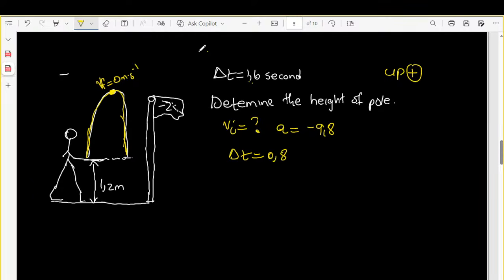I'm not sure if this makes sense. Tell me, do you understand why delta t is 0.8? I understand why delta t is 0.8, but it's kind of confusing. It's a bit tricky. Please come again. I'm saying it's a bit tricky, but I do understand. Yes, because they said that it spent 1.6 seconds in the air.